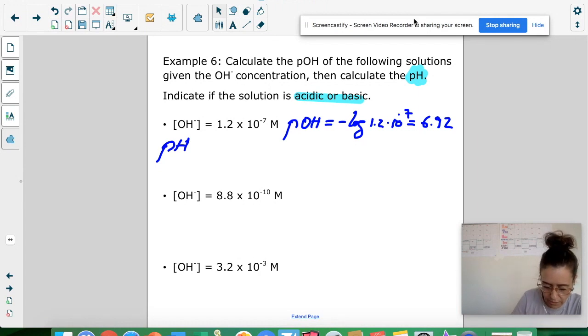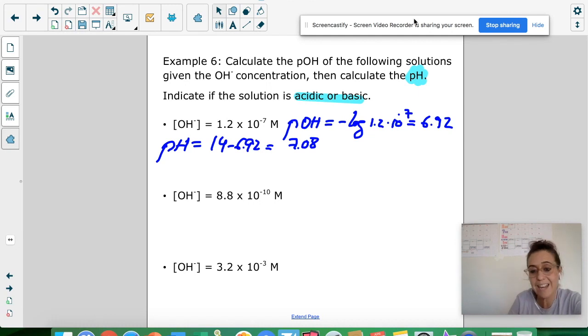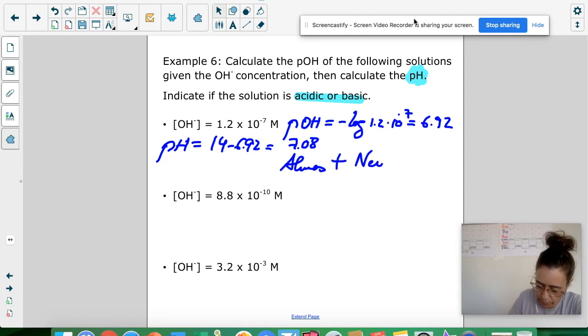So the pH is going to be 14 minus 6.92. And the answer is 7.08. So this would be slightly basic or almost neutral. Okay, almost neutral. And again, if you want to look at how acidic or basic something is, you have to find the pH. Okay, all right.